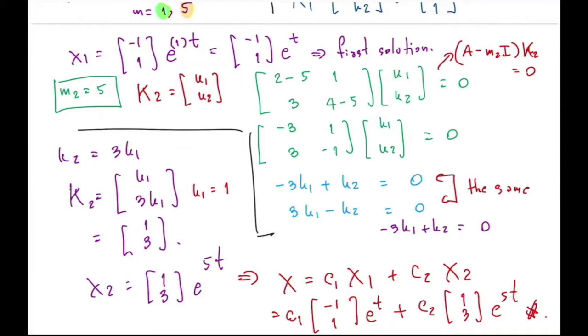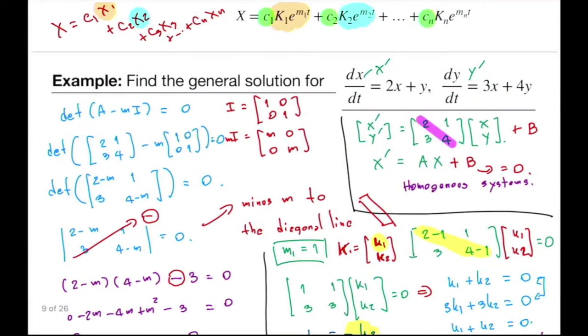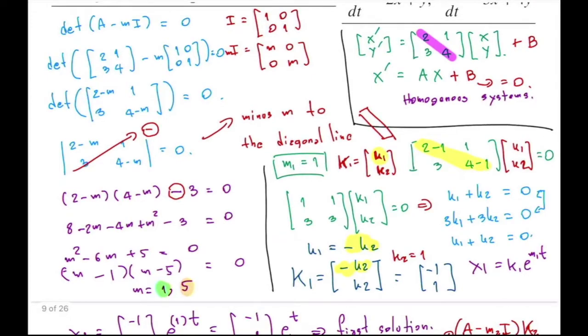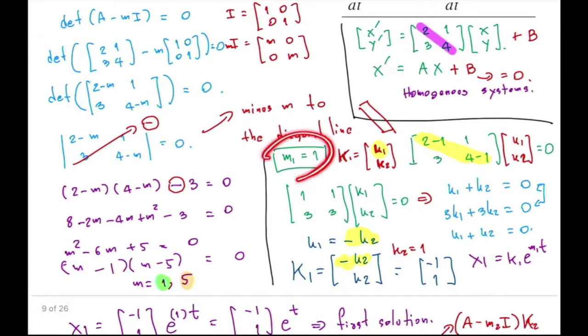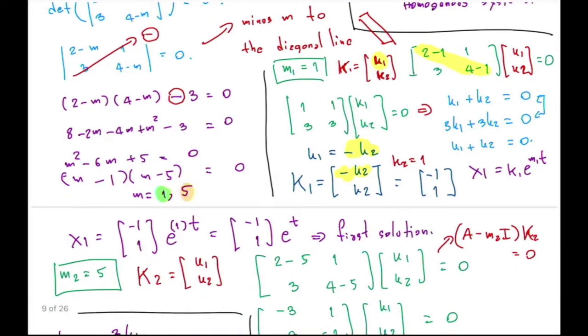So just to wrap it up, we begin with the characteristic equation. We solve for m, so we get two m's, m1 and m2. For m1, we find k1, and once we get k1, the first solution x1 is k1 e to the m1t.